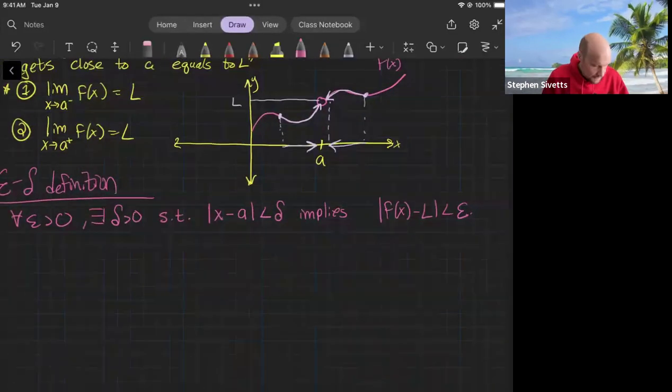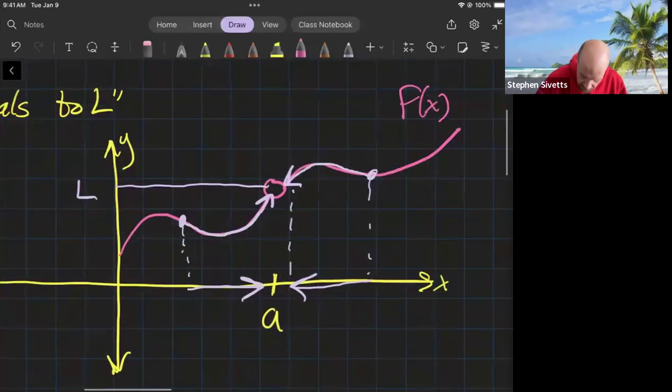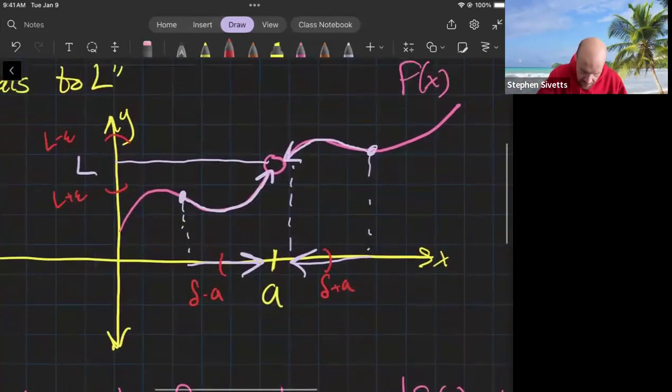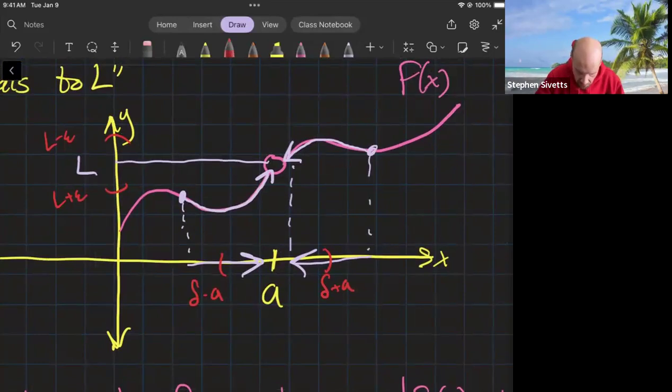Okay. So really another way to look at this is to look at the intervals L minus epsilon and L plus epsilon here, and this delta window, a minus delta and a plus delta, right? So for any epsilon greater than 0, if we have an epsilon interval centered at L, we can figure out a delta small enough so that points are getting closer and closer to L, right?